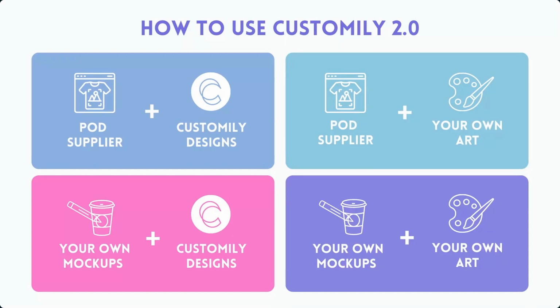Now, if you're starting from scratch, you will ask yourself, will I be fulfilling with a print on demand provider? Will I be my own fulfillment because I have my printer, I have my workshop or my factory? Will I be using Customily designs that will save me a lot of time on the creative process? Or I'm very creative and I'm going to be creating my designs.